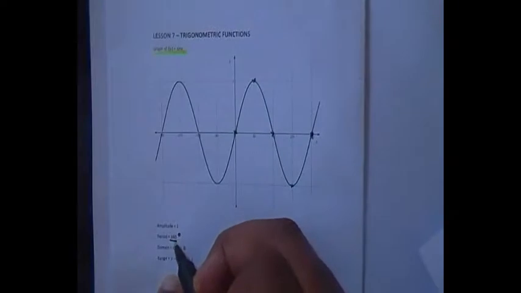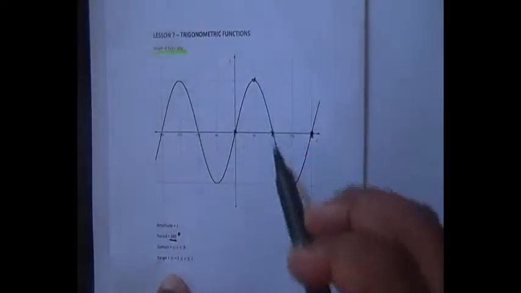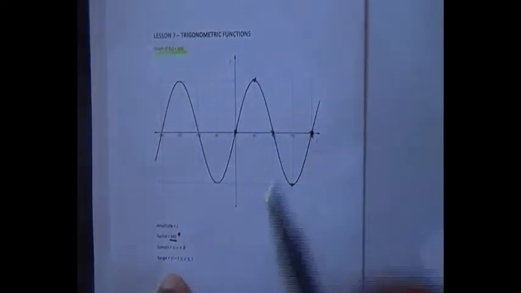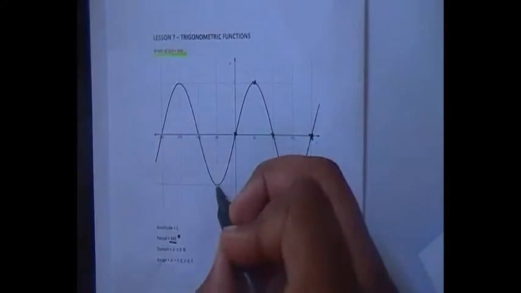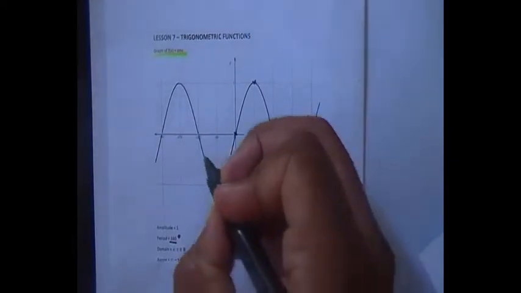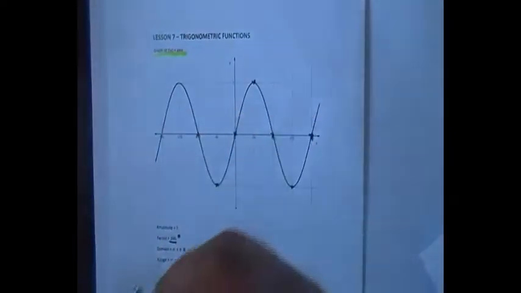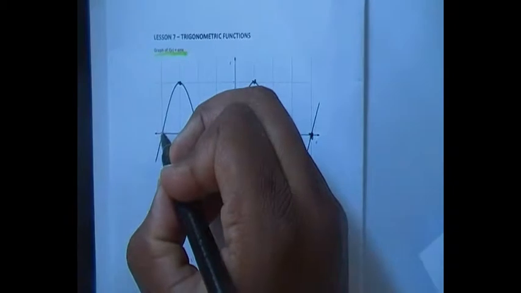Okay, so the period of a sine function is 360, because that's where it starts repeating the same pattern over again. Same thing if you go the negative direction. So sine of negative 90 is negative 1, sine of negative 180 is 0, sine of negative 270 is positive 1, and sine of negative 360 is 0.